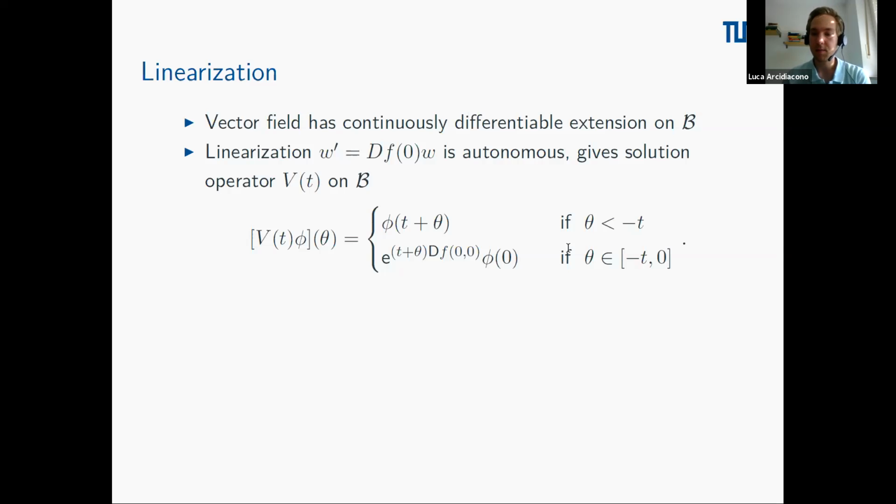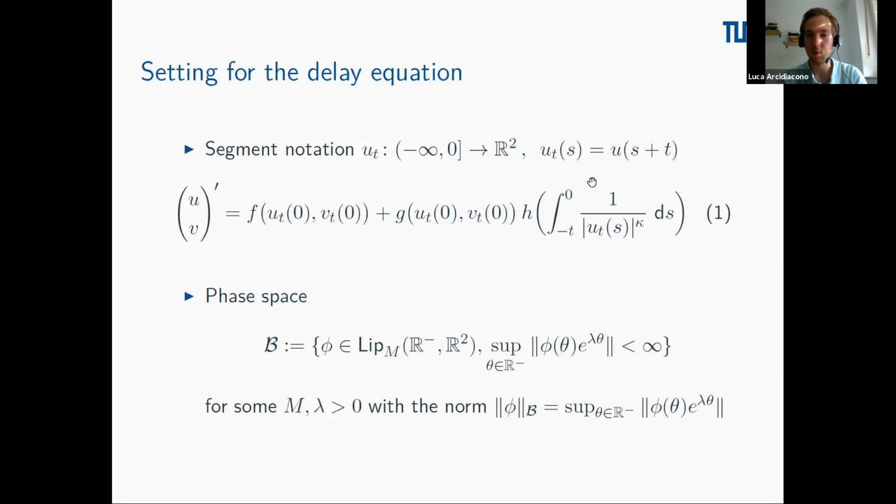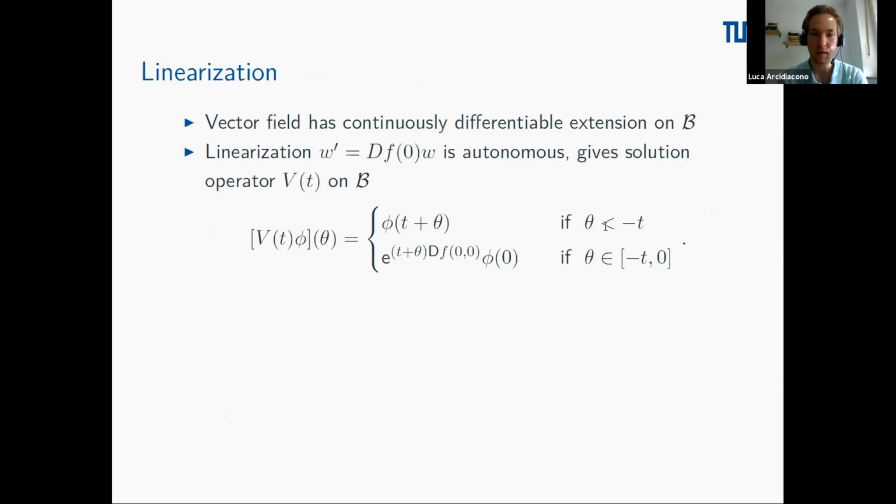And on the phase space of segments of history functions, one can then define a solution operator of the linear equation, which is composed of shifting of the history function and a solution. And note that this solution operator is only defined in forward time. As we can see also here, solutions of the equation are only defined in forward time, because we rely on the backwards history of these functions.